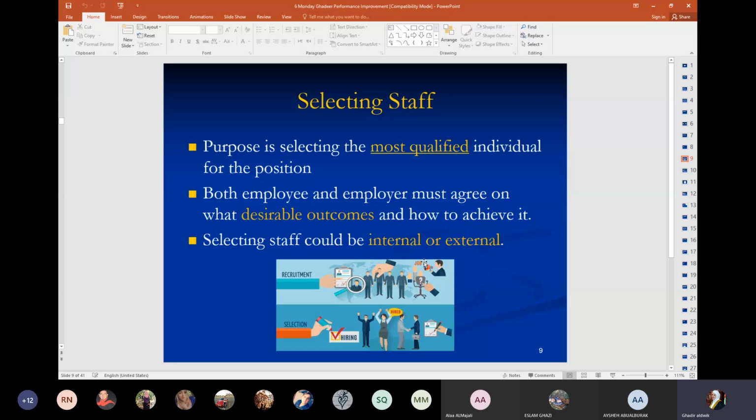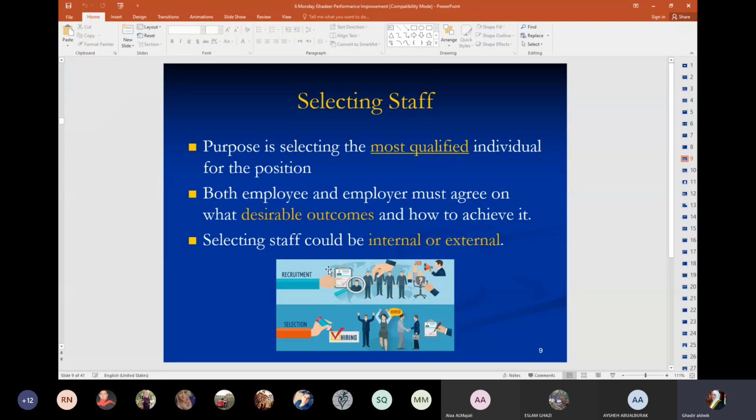The announcement should include the criteria or requirements. For example, registered nurses for emergency with 2 years of experience working in emergency, BLS, and advanced cardiac life support are required. So I put the conditions and requirements for this position in the announcement.